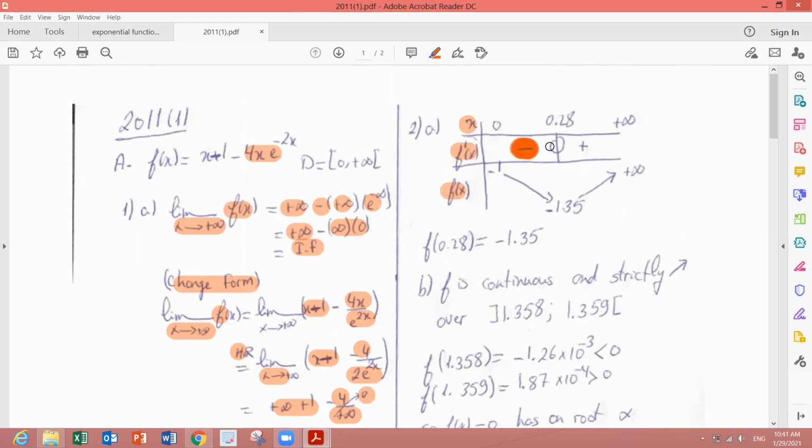We have negative, 0, positive, plus infinity. Negative, it is decreasing. Positive, it is increasing. At plus infinity, the limit is plus infinity. At 0, f of 0 is -1. And the minimum f of 0.28 is -1.35.